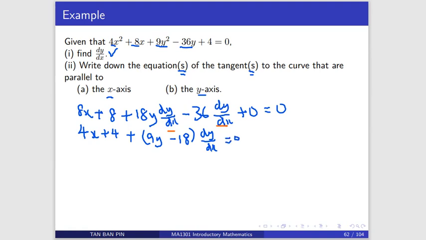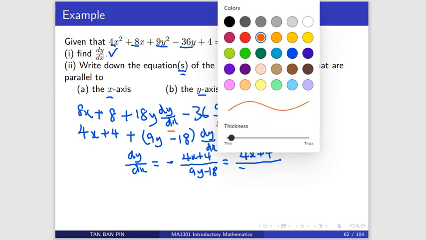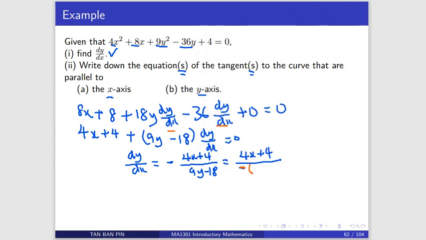So with that, you can say dy/dx is actually negative of 4x plus 4 over 9y minus 18. You can also write it as 4x plus 4, and the minus sign you can write below, with the bracket 9y minus 18.